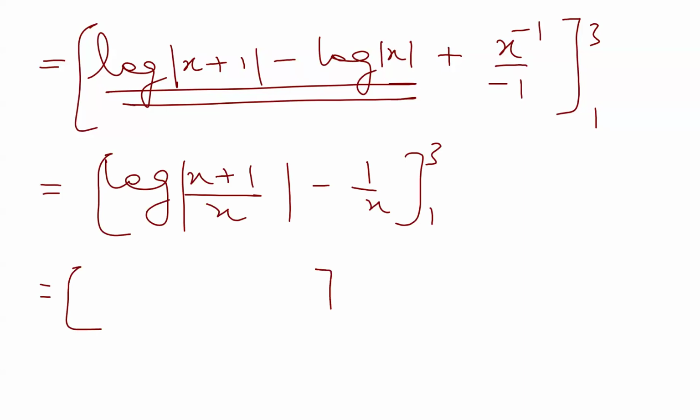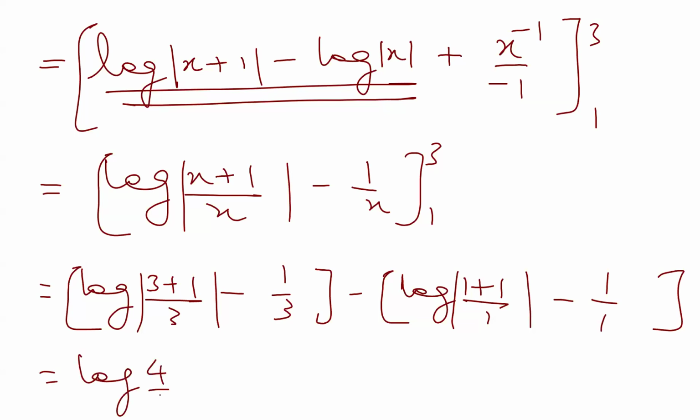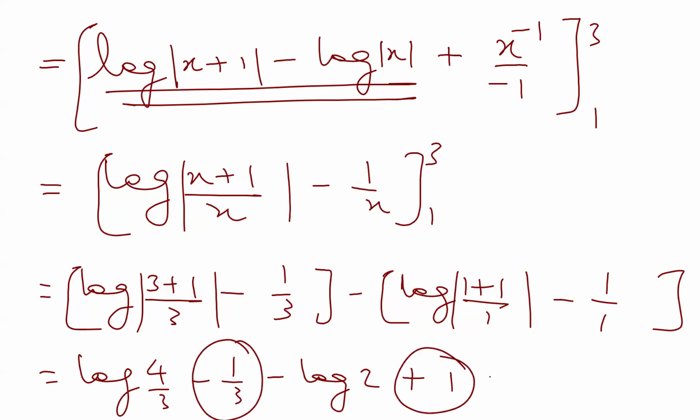Box minus box: 3 plus 1 upon 3 minus 1 upon 3, 1 plus 1 upon 1 minus 1 upon 1. Log 4 by 3 minus 1 by 3, minus log 2 plus 1. 1 minus 1 by 3 is 2 by 3.